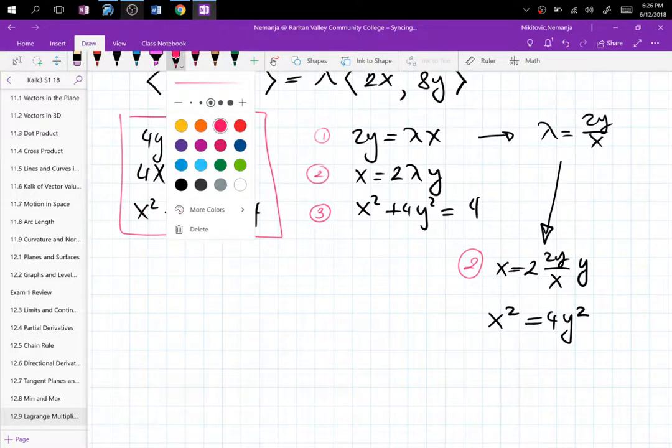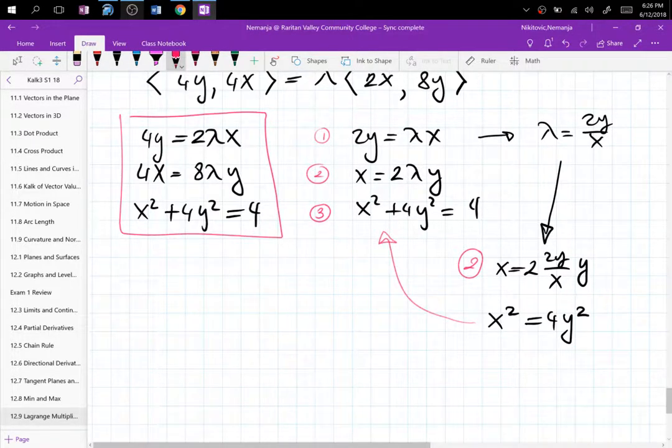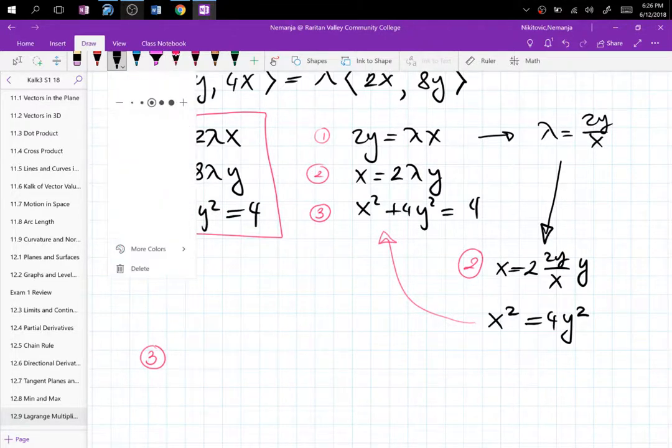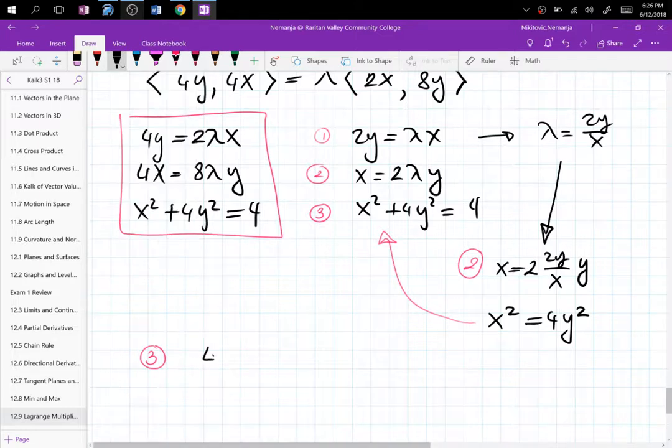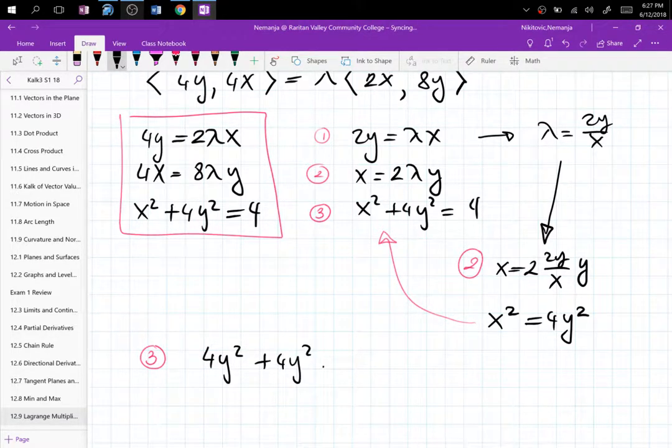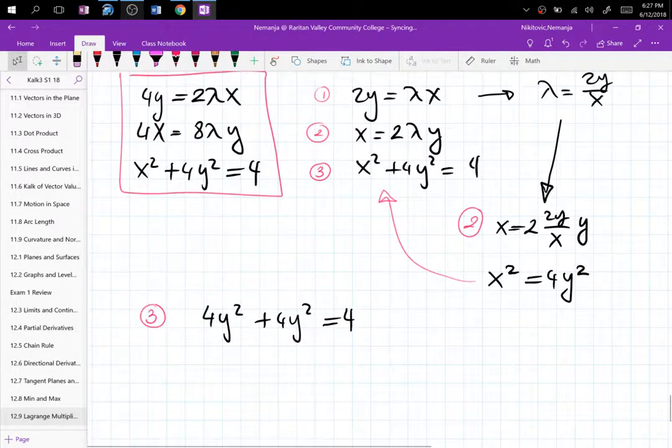Now we plug that into equation 3. So equation 3 now becomes, instead of x squared, I have 4y squared plus another 4y squared is equal to 4.